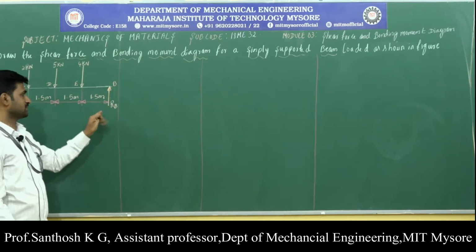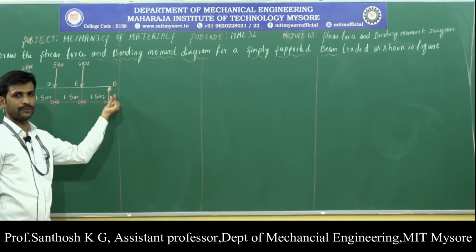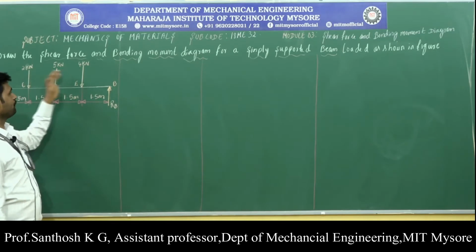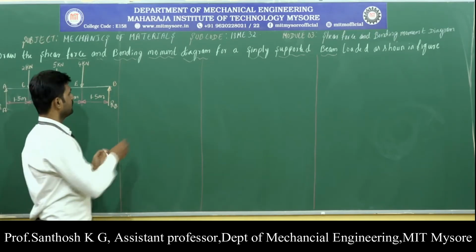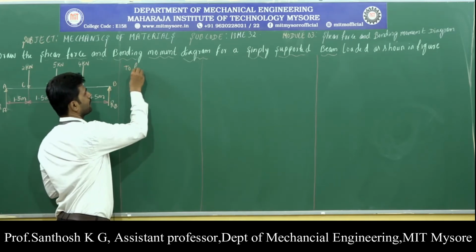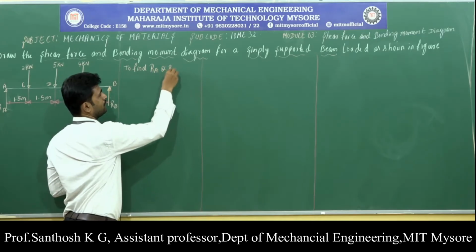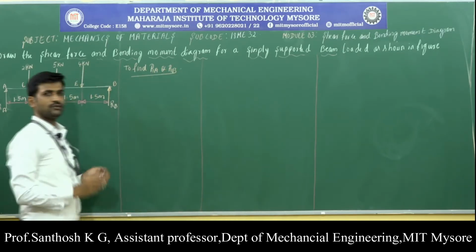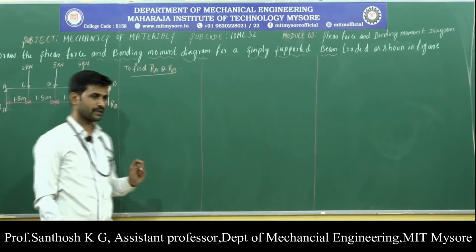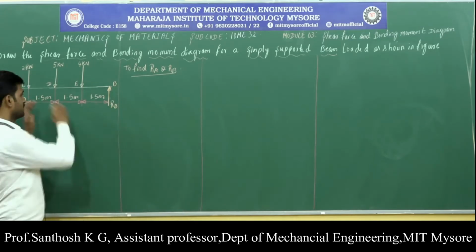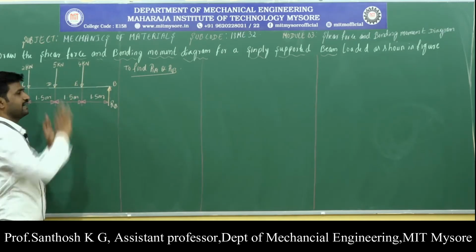Now, first let us try to find the magnitude of the reactions that are developed at the supports because of the application of these loads. So, first I need to find the reactions R A and R B. In order to find the reactions, we can make use of the equilibrium conditions, because here we can see that even though the beam is subjected to many loads, it is at rest.